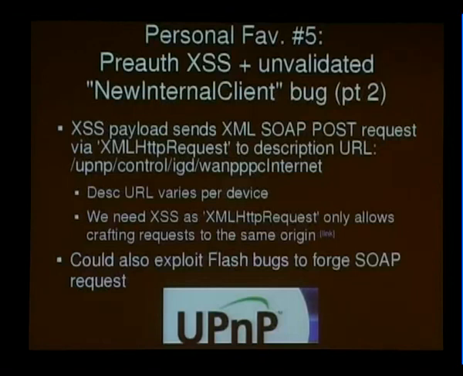I think it was sendToURL. I'll show you later. So one way is to use Flash, and if you manage to forge any header, it's game over. You can make changes to the router through UPnP. Also, what changes you can make is dependent on the different routers. So don't just think that it's the end of the world. It might be a bit limited.